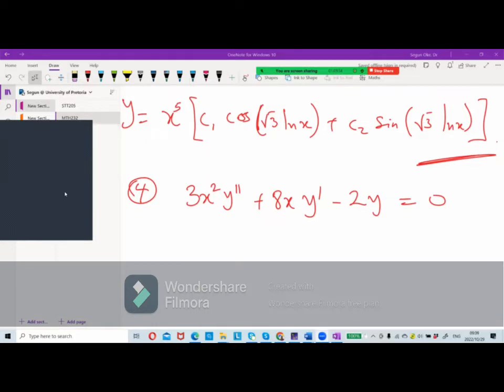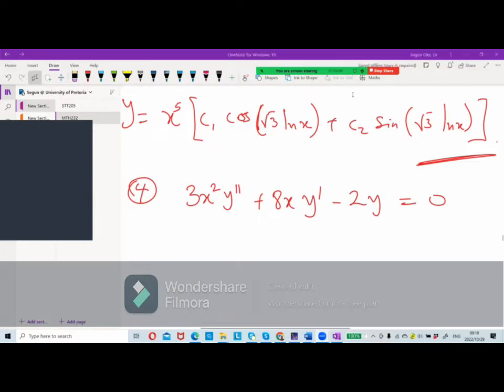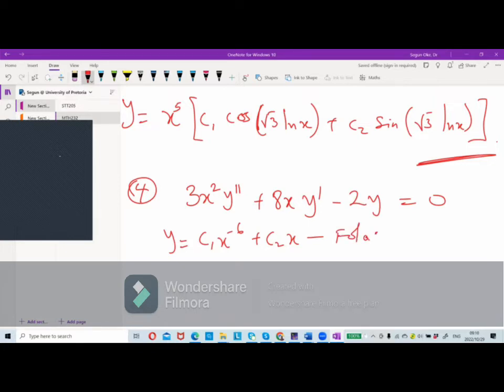Okay. Folashade, what's the solution? I got y equals C1 x to the power of minus 6 plus C2 x. Okay, let's keep yours for Folashade.